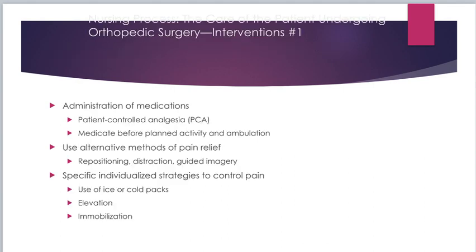We've got medications. Usually these people are going to be on a PCA, so be sure to read up about what the care of a patient with a PCA involves. Repositioning, distraction, hot and cold, elevation, immobilization, all of these are very useful and should be utilized for pain management.